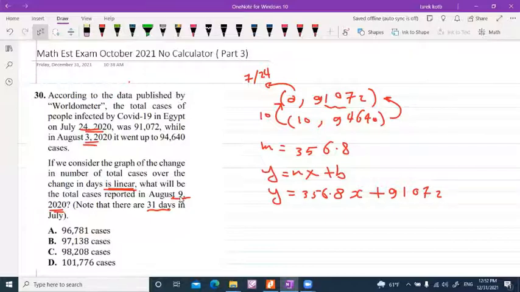So replace x by 16 and you will get y equals 96,781, which is 16 times this number plus this number. So this is the total infected people at the end. The answer is 96,781, which is option A.